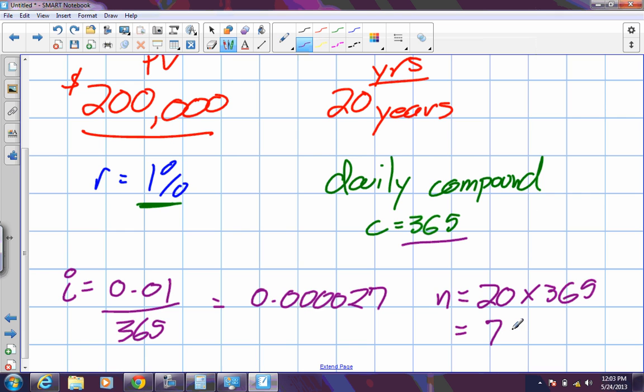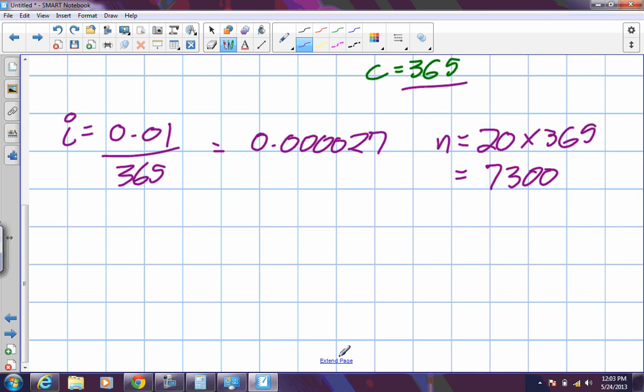In other words, we're going to take out money every single day to live off of, and we're going to calculate how much. So in our formula, our present value is 200,000. Our regular payments are unknown.